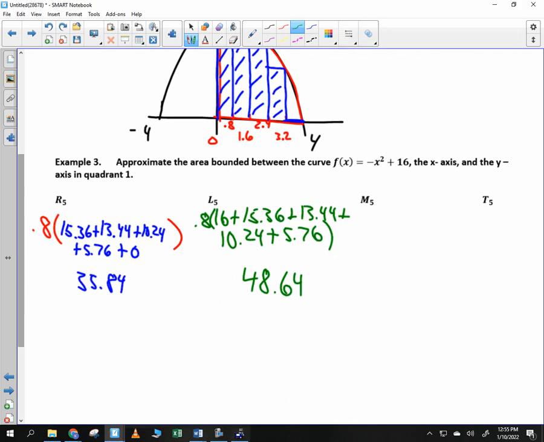Which one's easier to do, the midpoint or the trapezoidal? How do we do the trapezoidal? Yep. Add them and divide by 2. 35.84 plus 48.64 divided by 2.